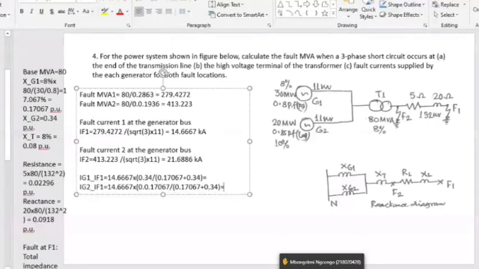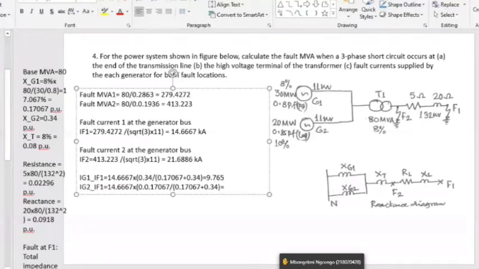This formula, you should know from first or second year, and we are using the same formula here. Can you find it out? 9.6765, that's correct.